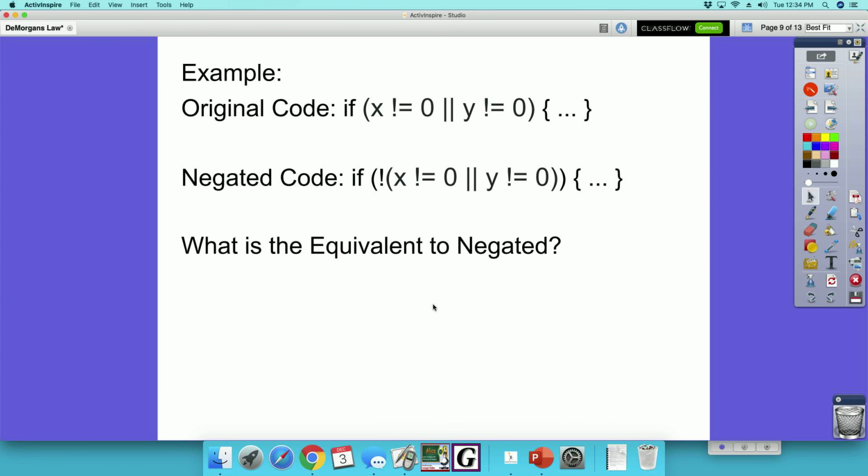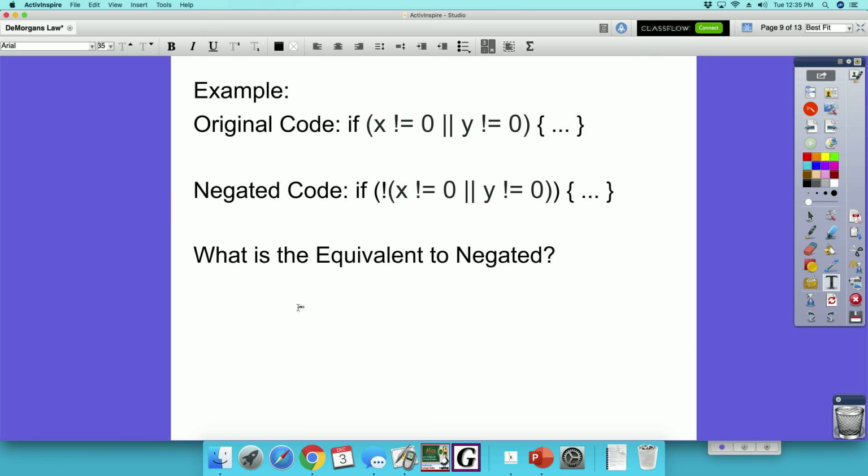Here's another example. If x is not equal to 0 or y is not equal to 0, what if we were to negate that? So we would get an if. So what is a not?